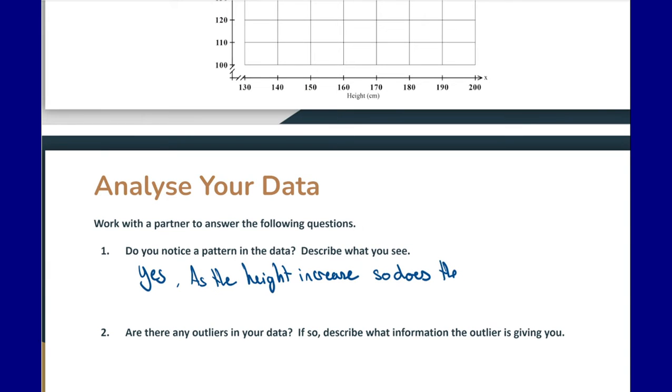Now, if that's the case, then the vice versa would also be true. As the height decreases, so does the arm span. We don't need to represent both. By saying that as the height increases, the arm span decreases, we'd be implying the same thing on the other side, that the reverse is true as well.